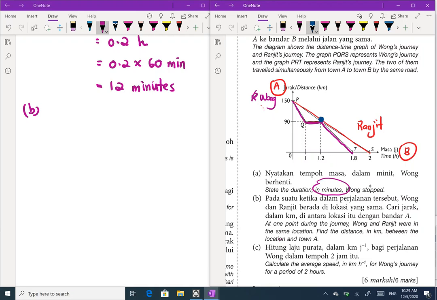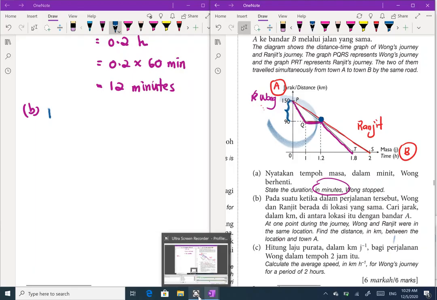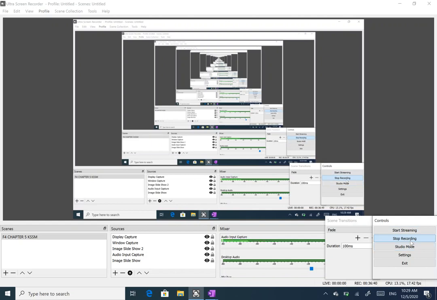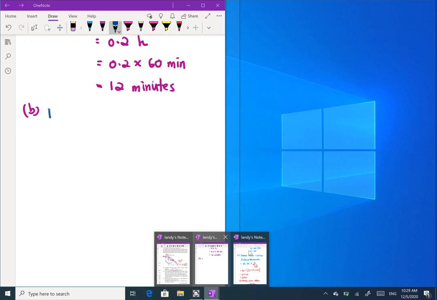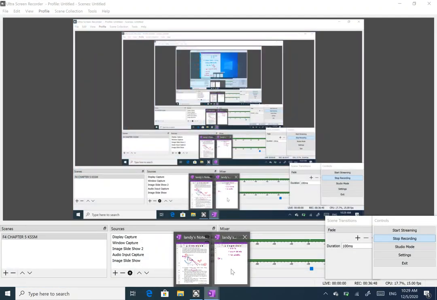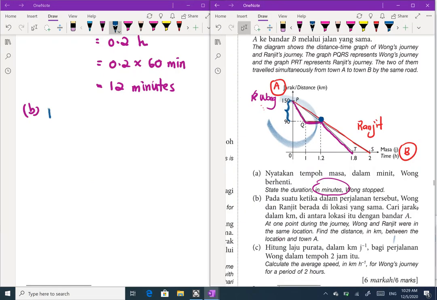I want to know from here to here what is the distance. So it's 150 minus 90.